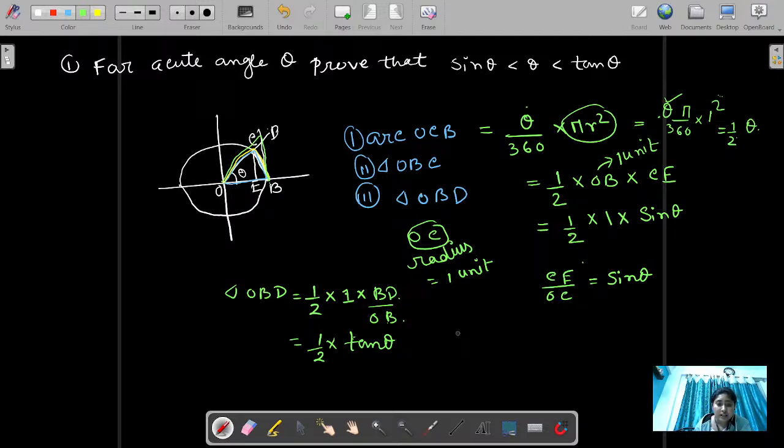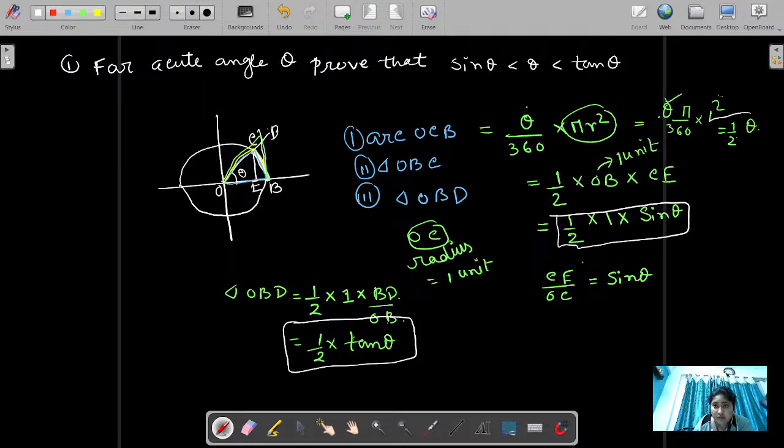So now easily we can see this. Here we have the area of triangle OBD, here we have the area of triangle OBC, and here we have the area of arc OCB.